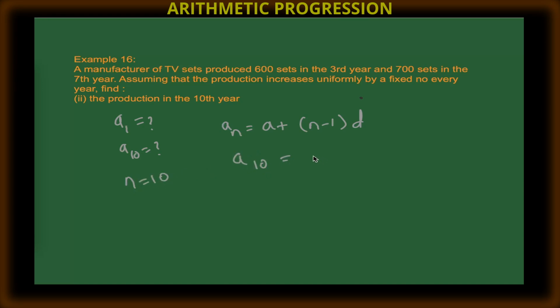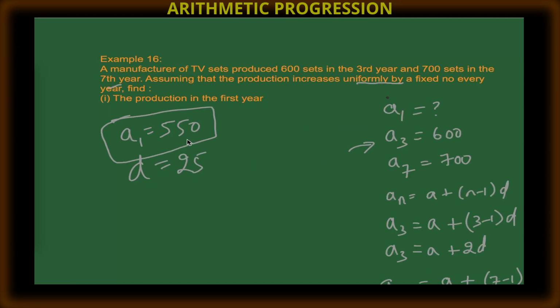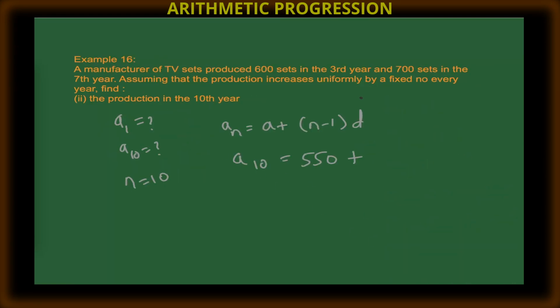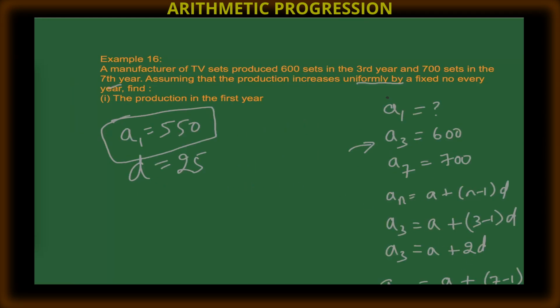A we found was 550, plus n, which is 10 minus 1, into D. What is D here? We identified D as well, 25.